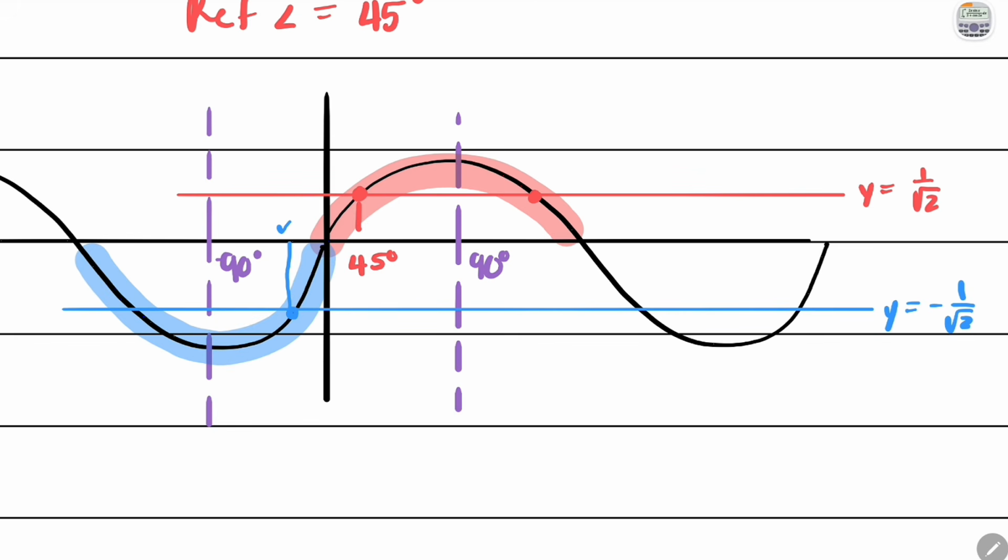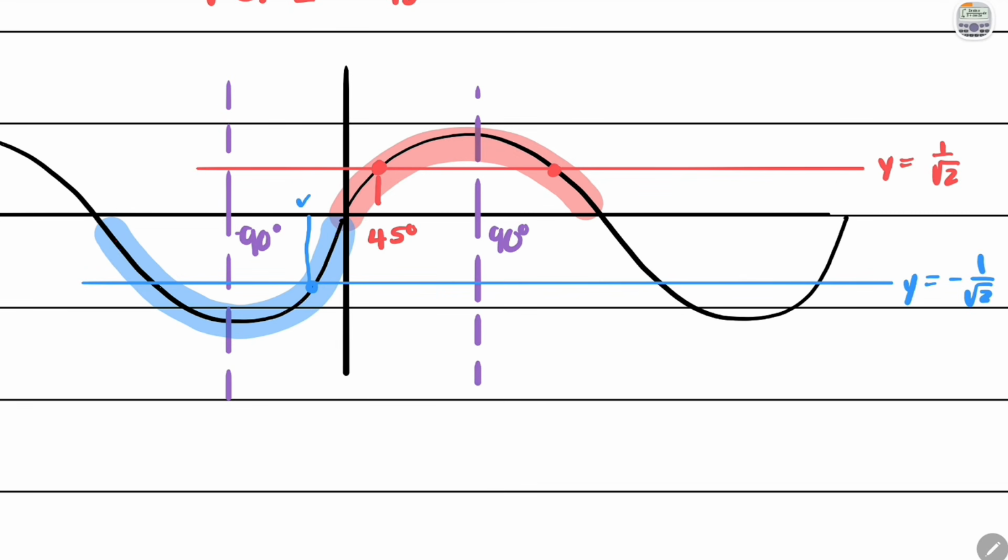So if we went from 0 degrees to 45 degrees to get a y value of 1 over square root 2, then how many degrees to the left did we go from 0 degrees to this value over here so that we can get a y value of negative 1 over square root 2? These graphs, okay, if this is symmetrical, what it does on this side, it does the exact same thing on this side. So it means that it would have only gone 45 degrees to the left, and so this next solution would appear at negative 45 degrees.